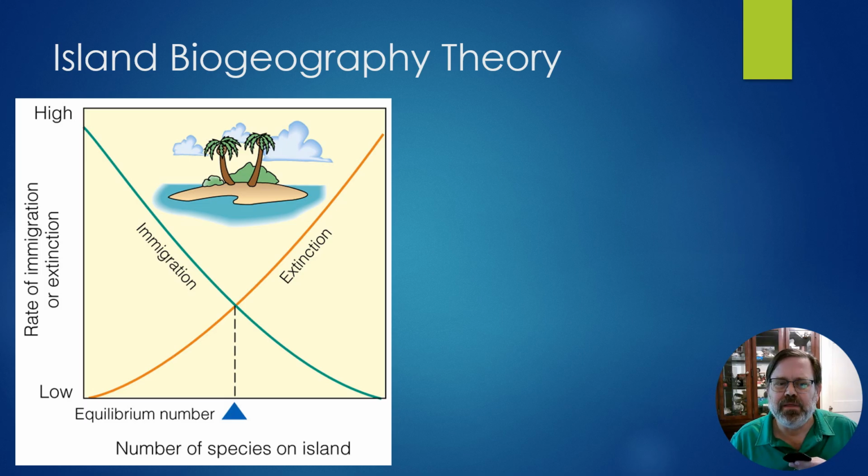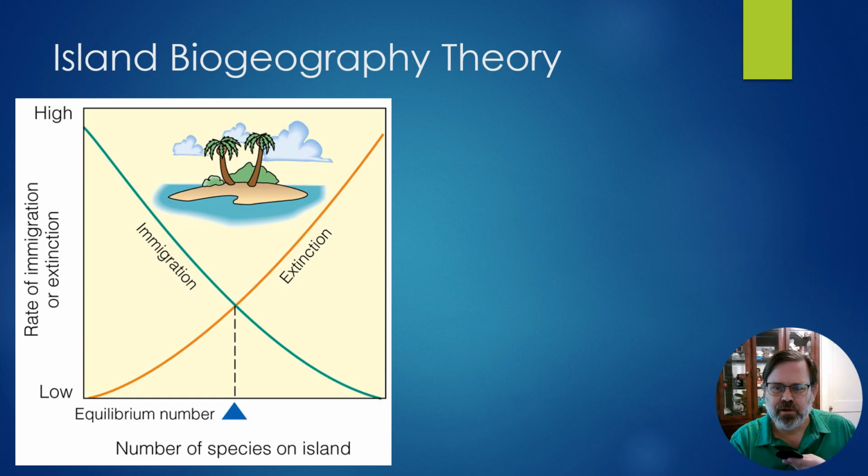So the immigration rate is bringing in new species to that habitat, dispersing from another area and then establishing themselves in that isolated place. And you can see that if you start with a low number of species, so on the left-hand side of this diagram, on the x-axis, you would have high immigration initially, and this is immigration of new species into that particular habitat.